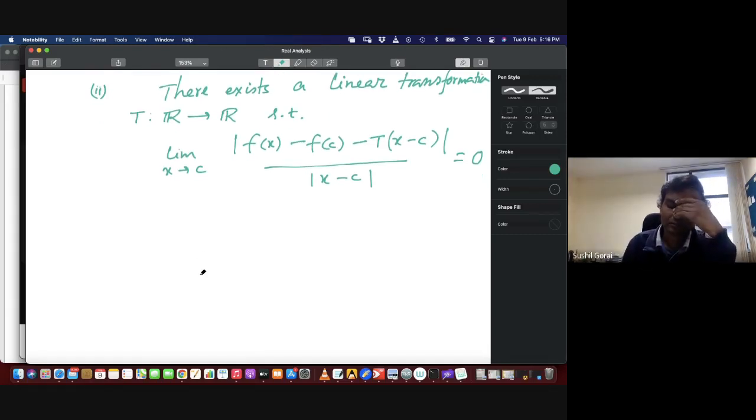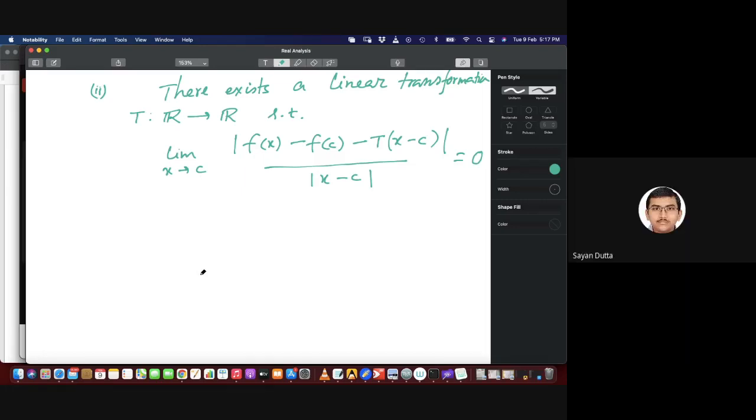Now, why do we care about differentiability? So can you tell me? Anybody? Why do we care about differentiability? What do you think? There may be many reasons.